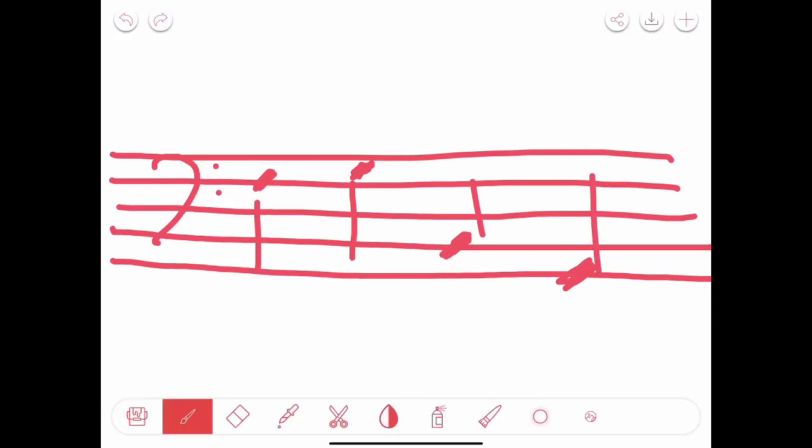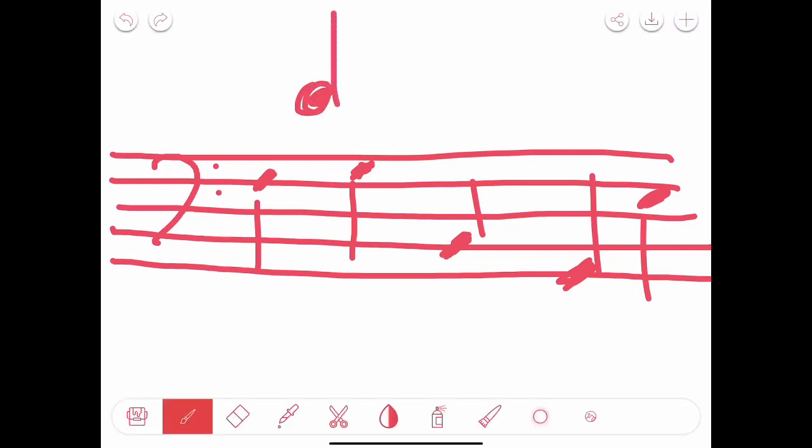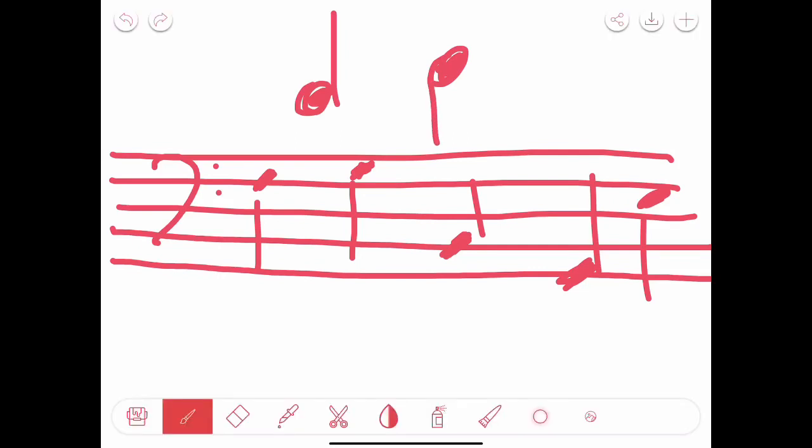Now it is more difficult to do it on the computer because it doesn't recognize the strokes, but with a pencil it would be quite easy. Now the stems, if the stem is going up, it needs to be on the right side of the note, and if the stem is going down, it needs to be on the left side of the note.